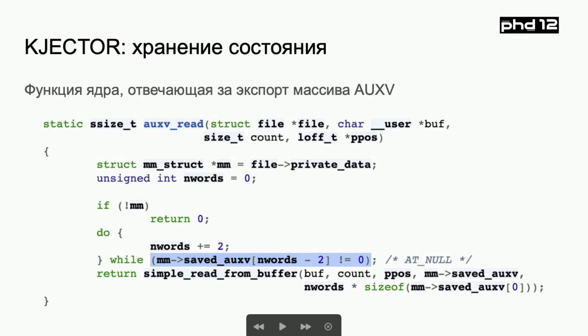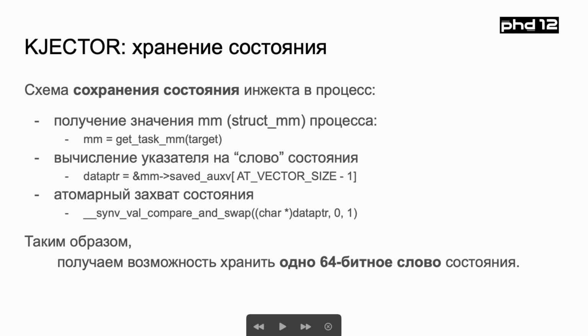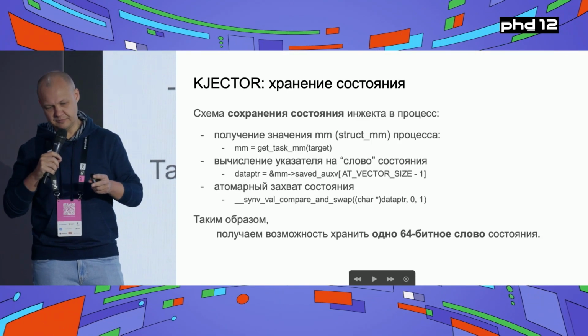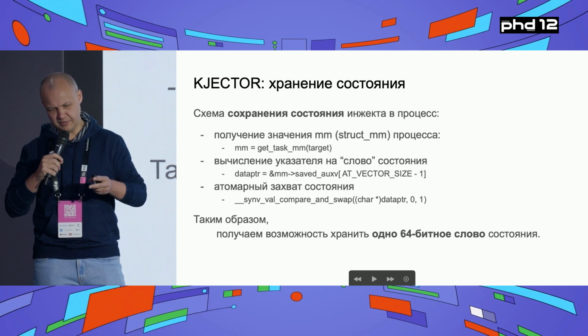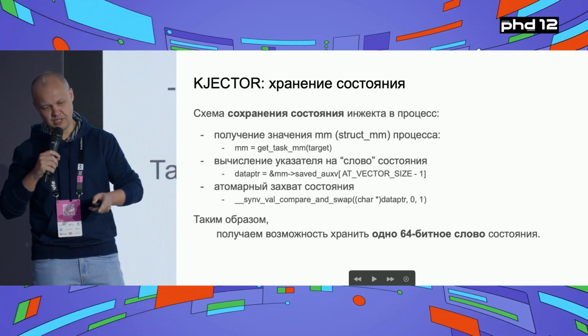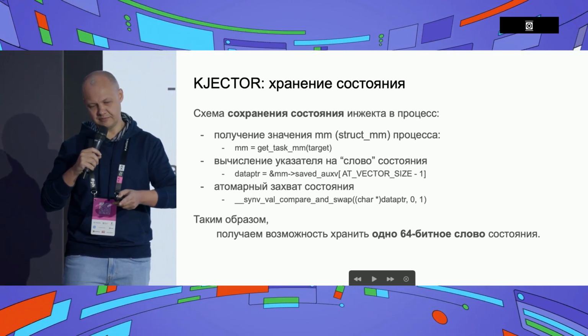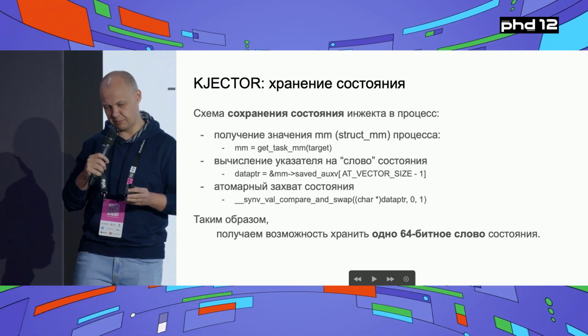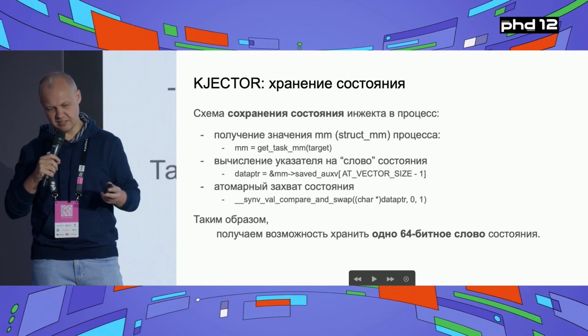We can easily store 8 bytes, 64 bits of information. So having found a way to store the state of injection, I'm trying to show here how state storage is done.